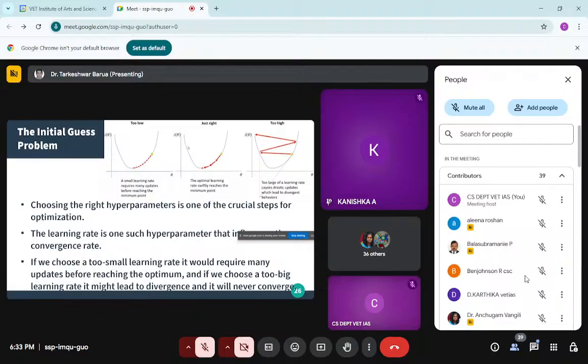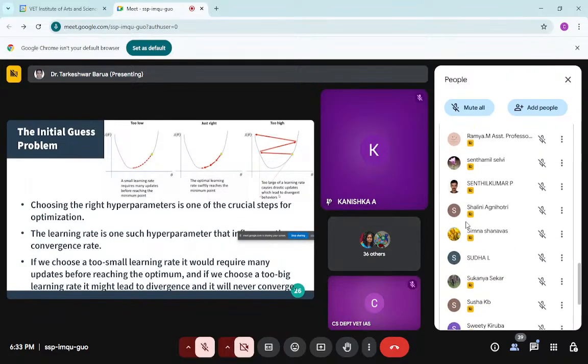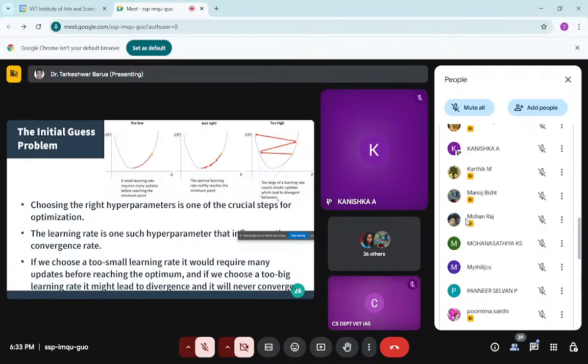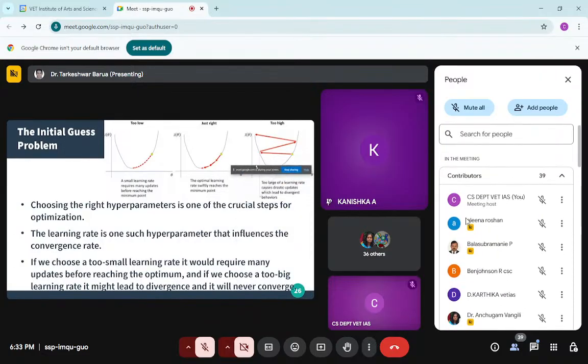If we have a just-right learning rate, we reach the particular point directly. The optimal learning rate reaches the optimum quickly. If the learning rate is too high, it causes drastic updates, which lead to divergent behavior. These are the problems we face while we train our model.